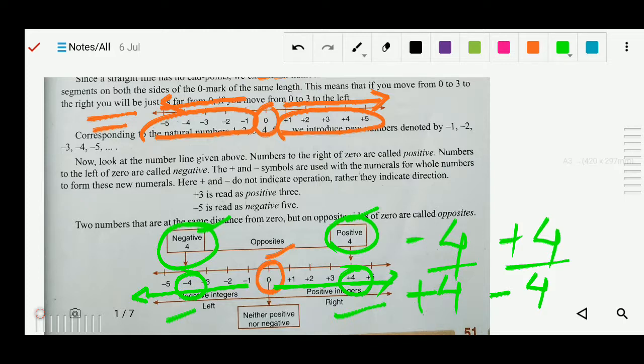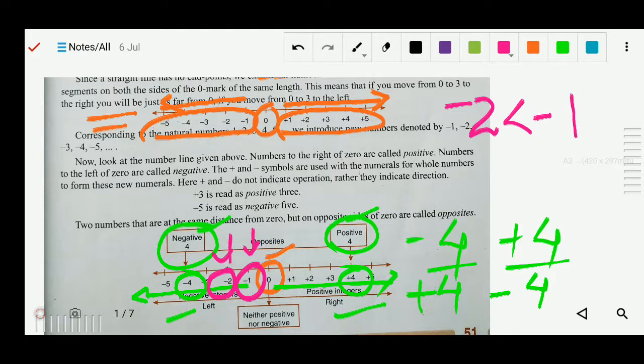And you must know this about the number line. Suppose here is 2, and here is -1. So -1 will be greater than -2. This -2 will be less than -1.